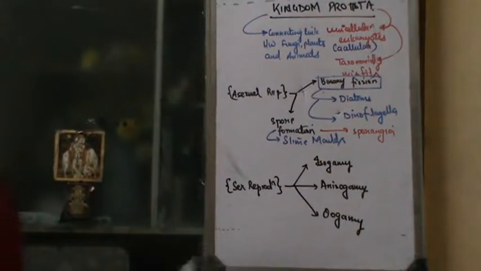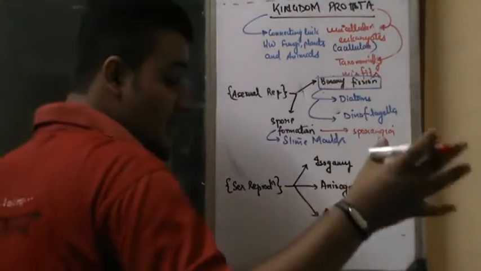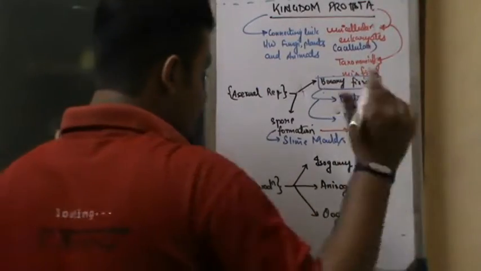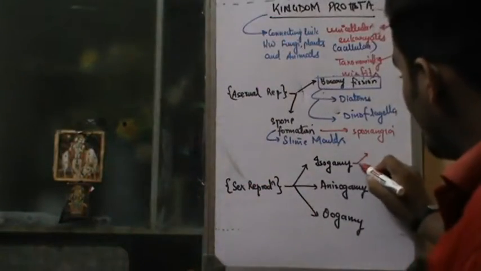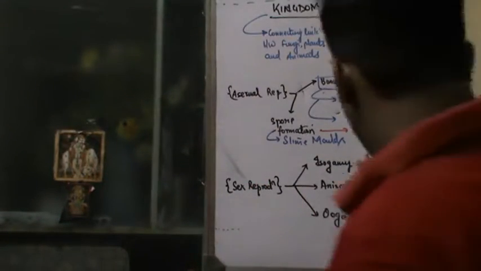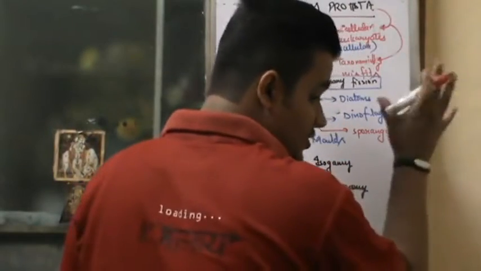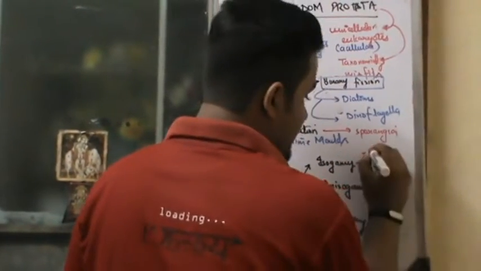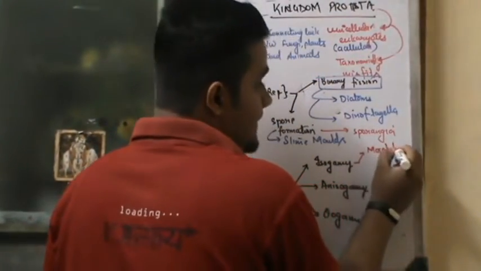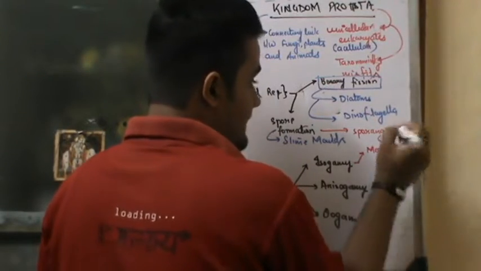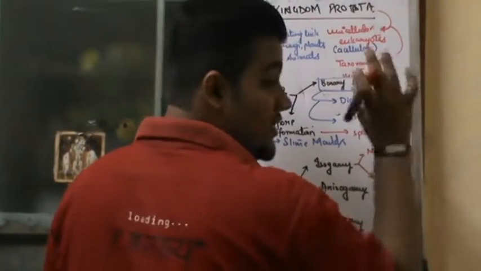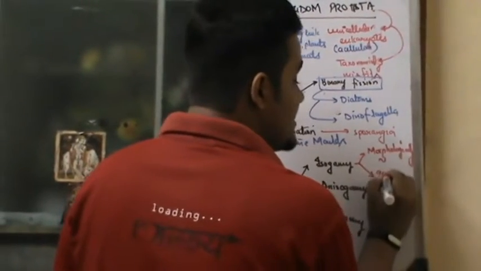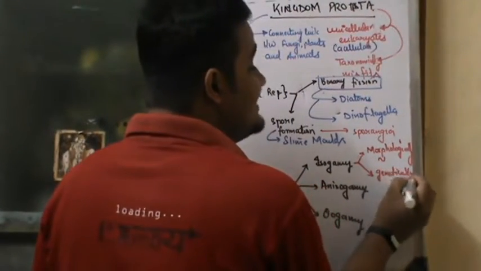Listen here. Isogamy is the simplest way of reproduction, where the fusing gametes are morphologically similar, to use the NCERT exemplar term, but physiologically or genetically they may be dissimilar.